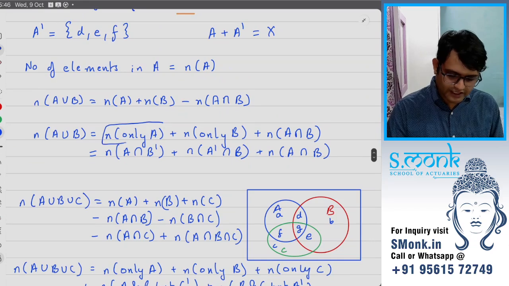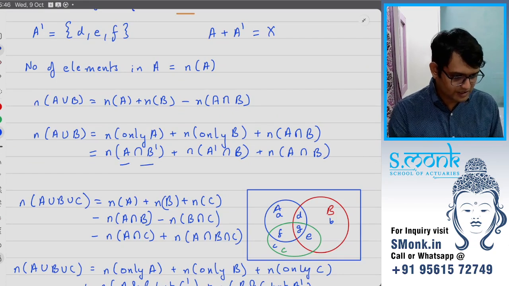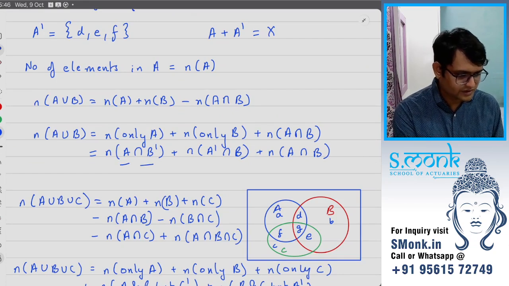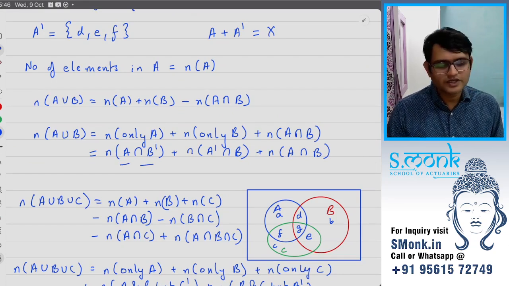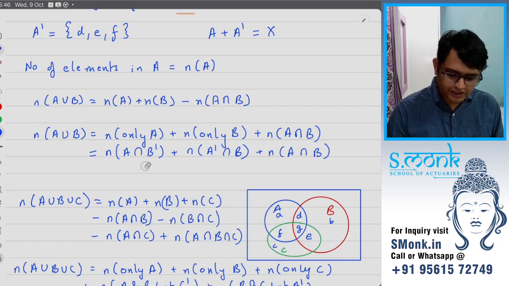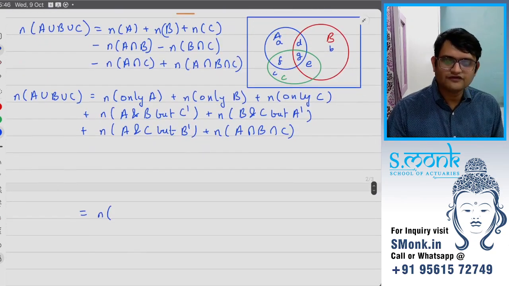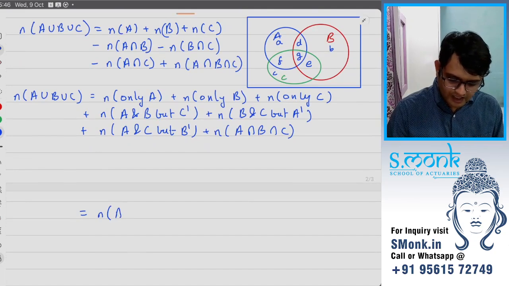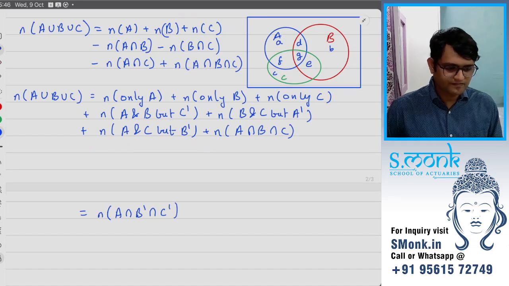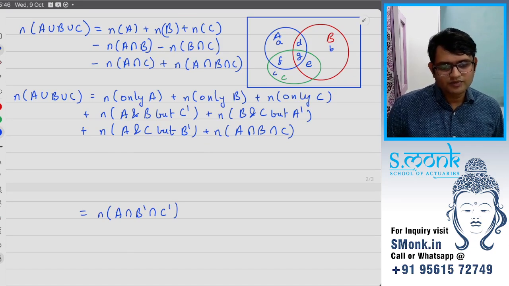We said only A is A but not B, right? Here when I say only A, we have 3 elements, so I will say it is A, but not B, not C.